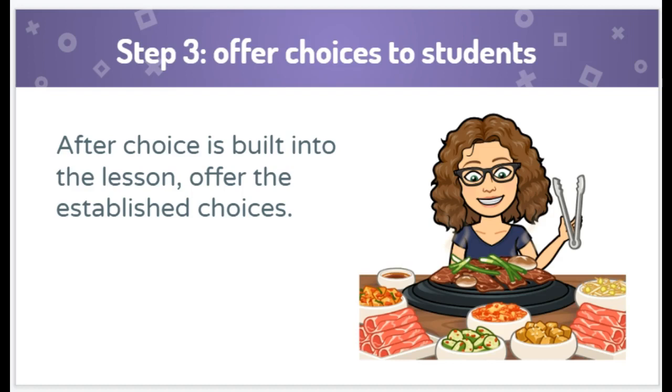When I'm teaching those choices, I want to make sure that I'm following all the methodology of best practices in teaching. So I'm going to provide explicit instruction and modeling of how students are going to be successful using that choice board.